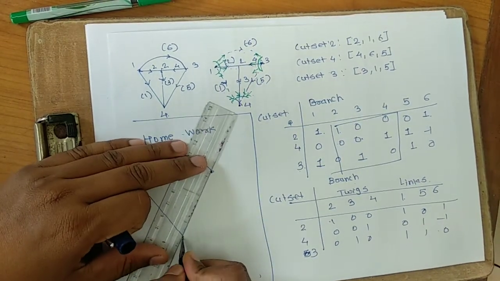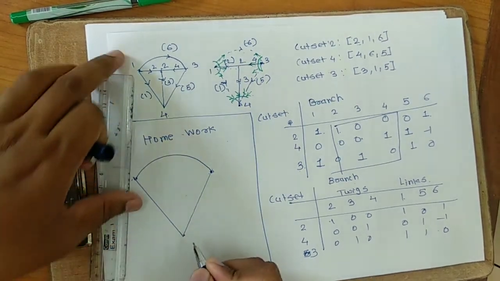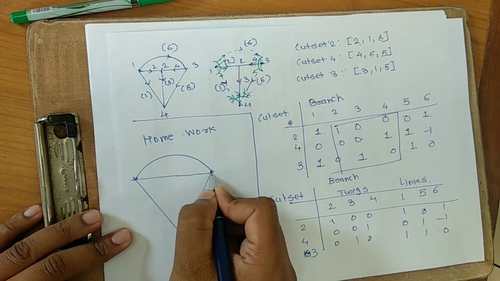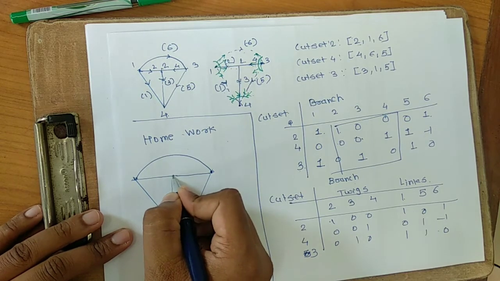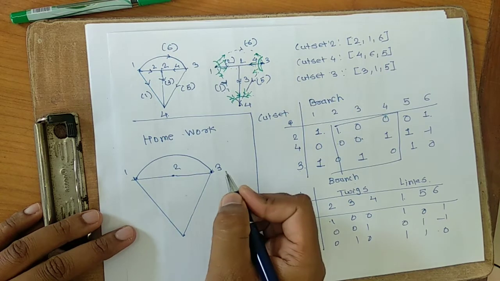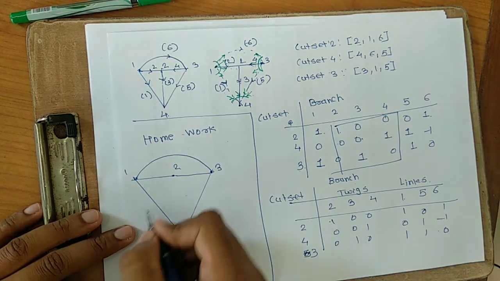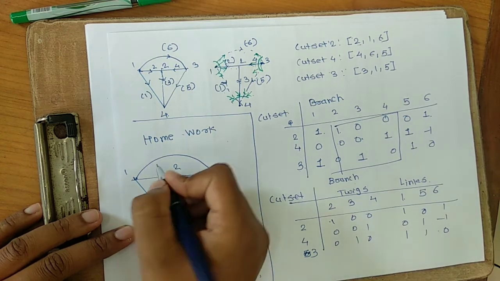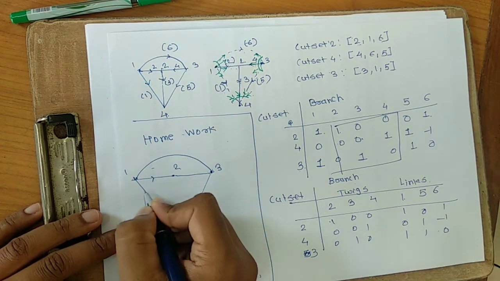I am using a similar diagram for this cut set matrix homework. Second node, first node, third node, fourth node. This is the fourth branch. This is the first branch.